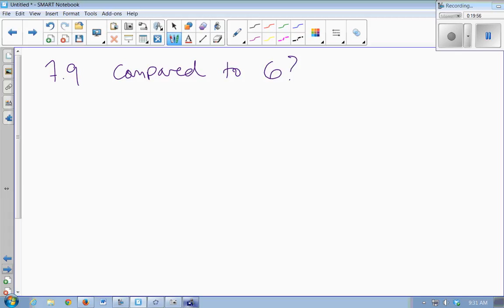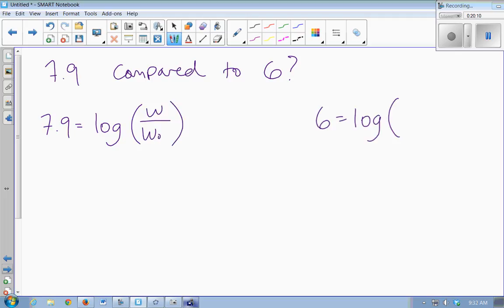How much stronger? So I'm going to write two equations now. 7.9 is equal to the log of W over W0, and 6 equals the log of W over W0. And in both of these, I need to figure out what W is. I need to know the strength of the seismic waves of each of these two earthquakes.